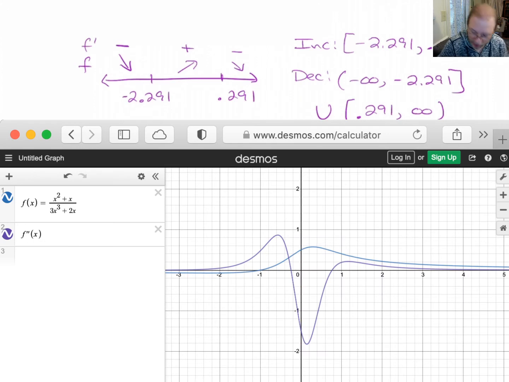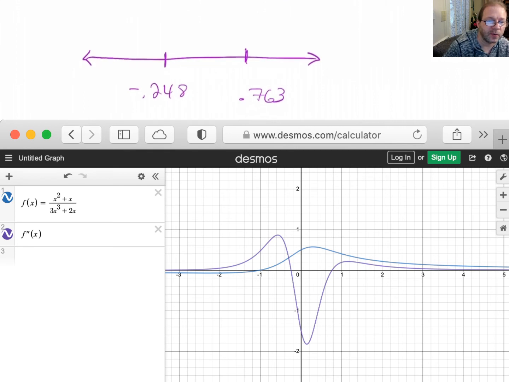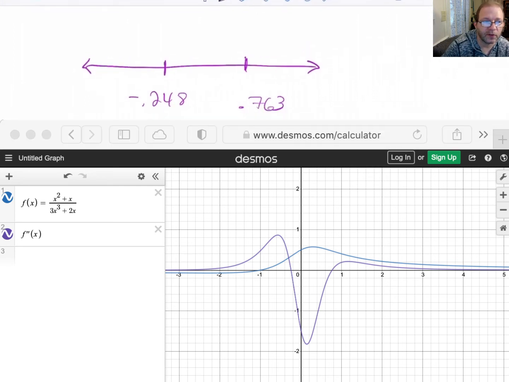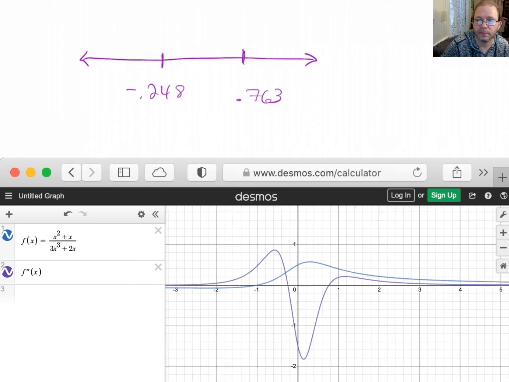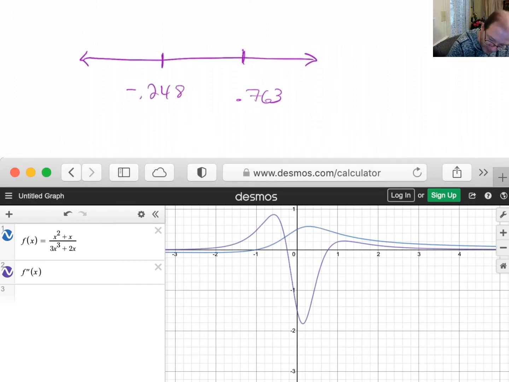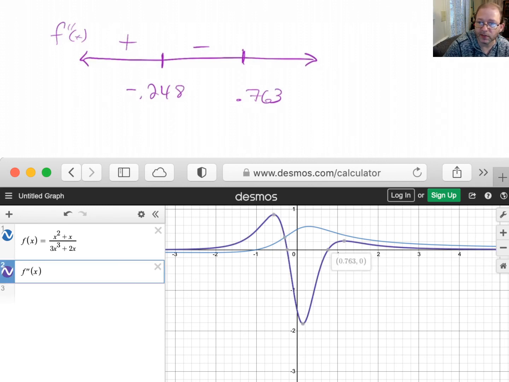All right, so if you look at it, I'm sorry, you can't see what I'm writing. Back in this region over here, the second derivative is positive. In the middle, it's negative, and once you get past 0.763, the second derivative is positive again.